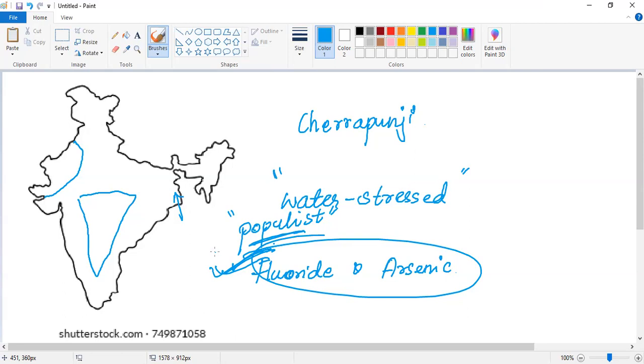Next point, ICT, information and communication technology, must be used for sharing of real-time drought-related information.